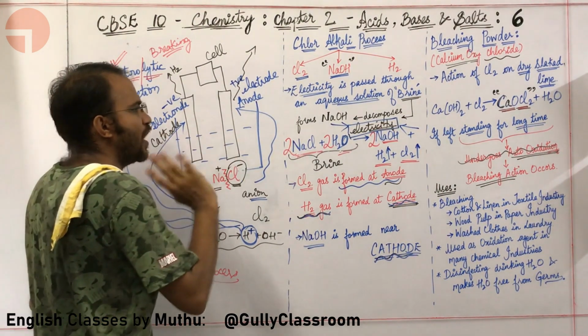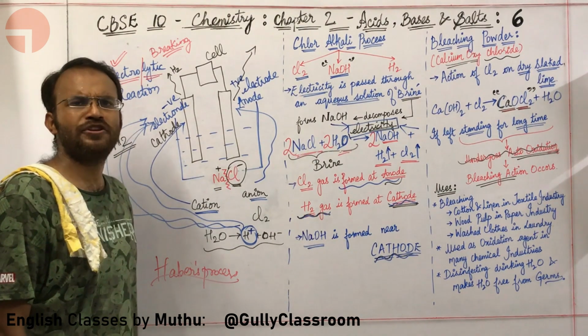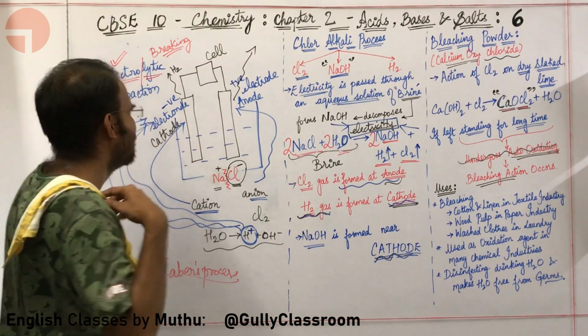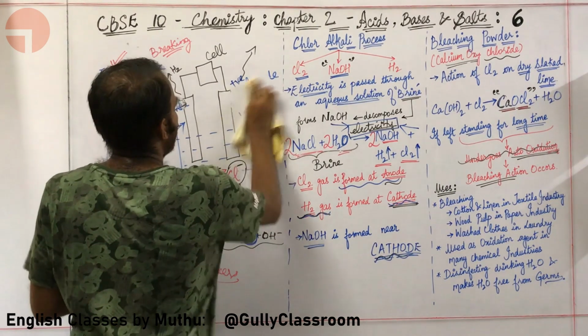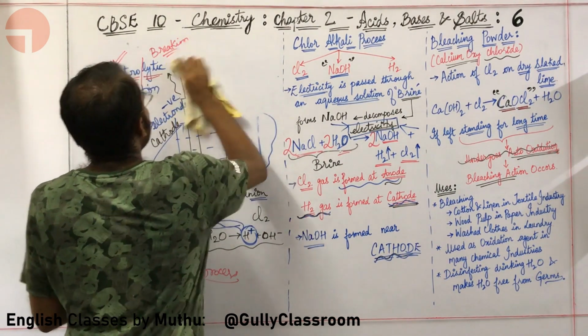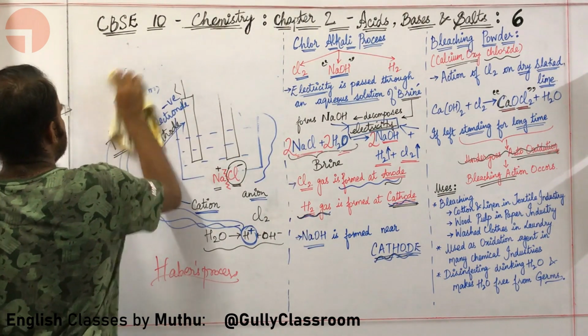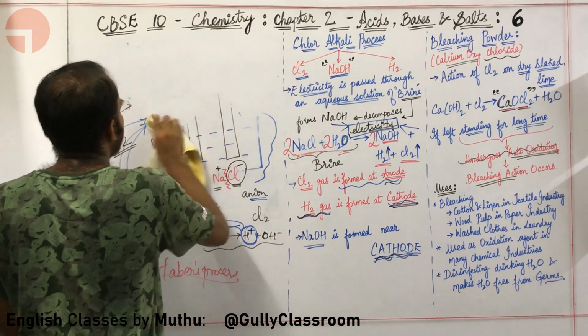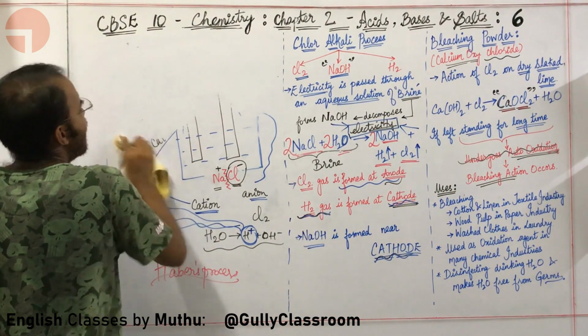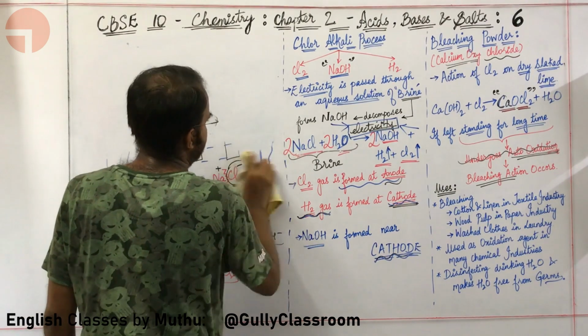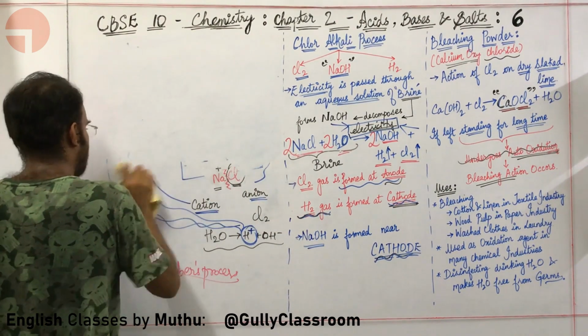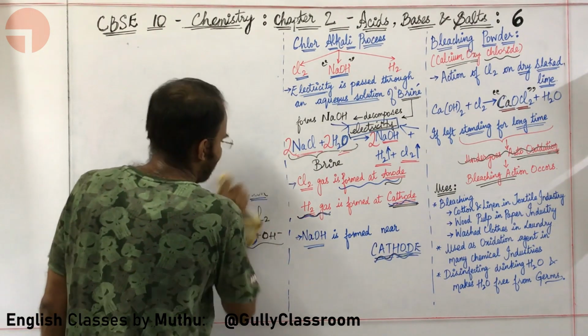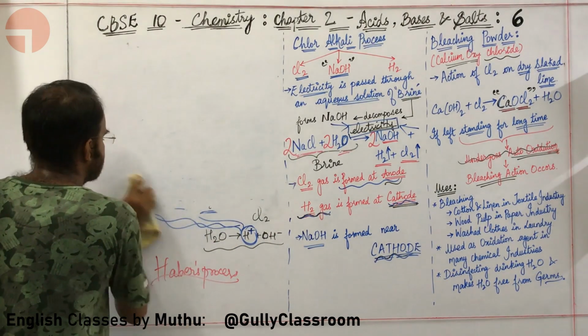Chlorine is used in water treatment. Sir, why is chlorine used in water treatment? Okay, chlorine is used in water treatment because chlorine has the tendency to steal electrons. Okay, sir. Why? The atomic number of chlorine is 17. The electronic configuration of chlorine is 2, 8, 7. Okay, sir.